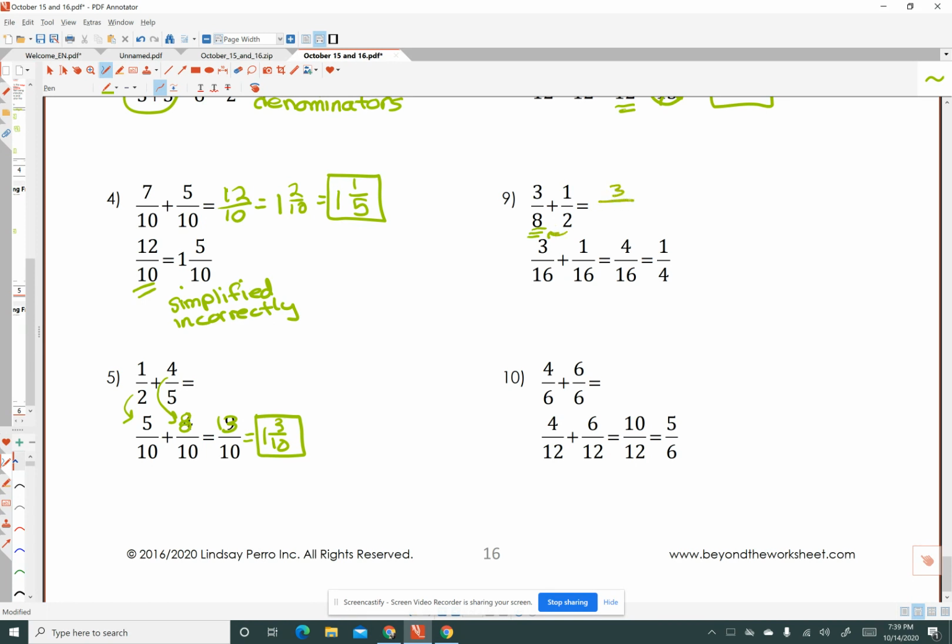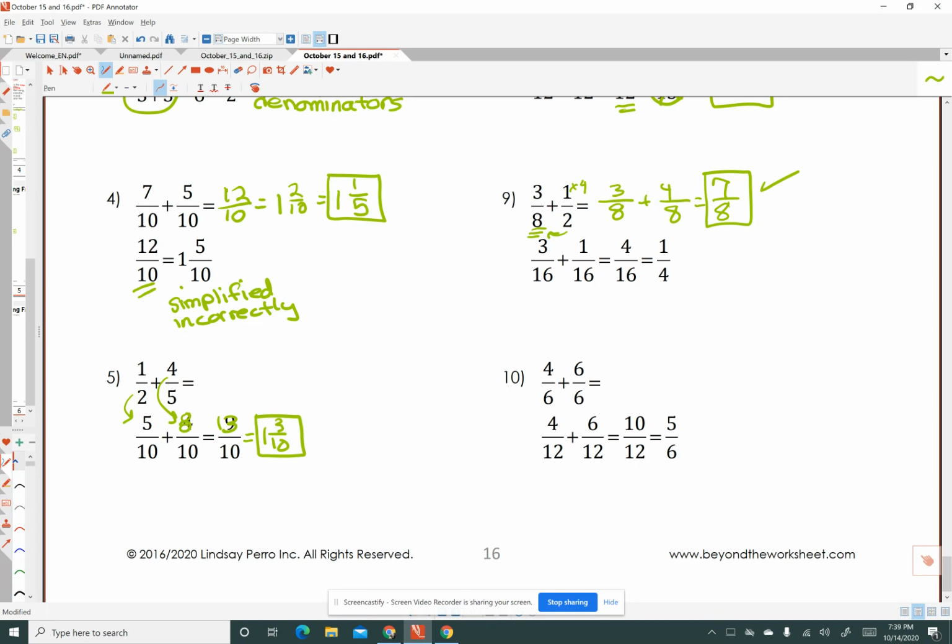So I can just go ahead and write 3/8 plus, and I can have eighths as my denominator. 2 is a factor of 8 because 2 times 4 equals 8. So I can do 1 times 4. Okay, so I've got 4/8. And then with 8 as my denominator, add the numerators, 7/8. We're done. Doesn't have to be that hard.